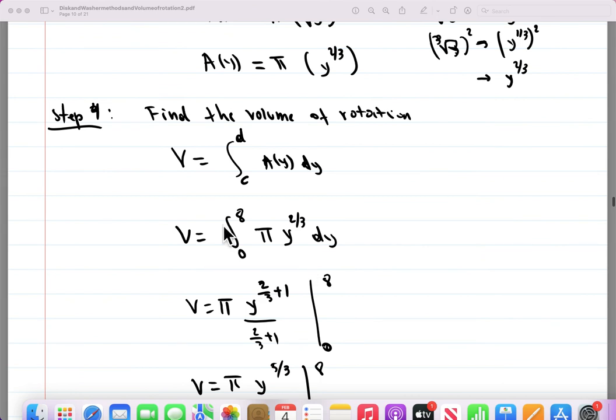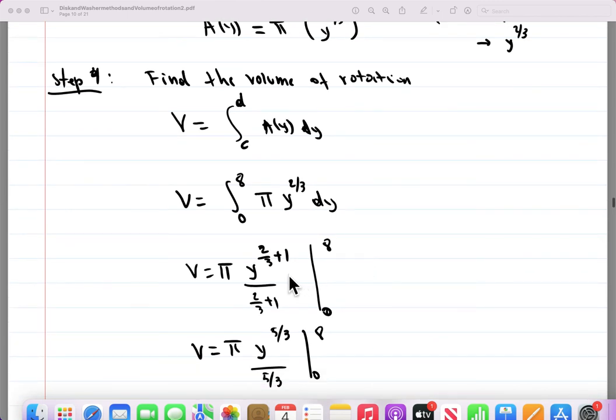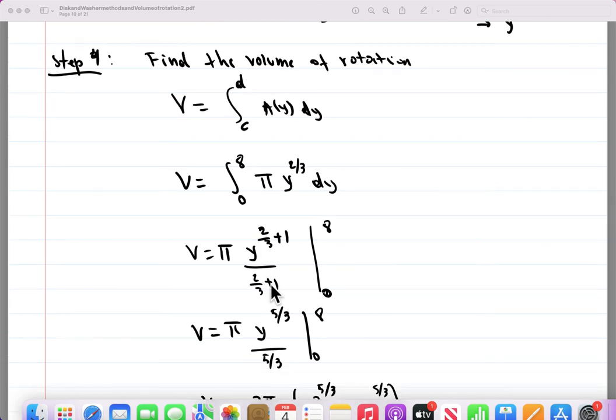So V equals the integral from 0 to 8 of pi times y raised to 2/3 dy. So when you integrate y raised to 2/3, you're going to get y raised to 2/3 plus 1 divided by 2/3 plus 1. And then you evaluate at 0 and 8.